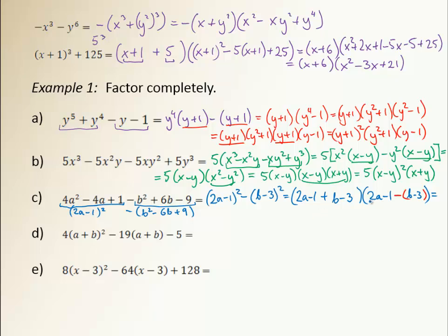So finally, let's just open the red bracket, and your final answer would be 2a plus b. We can collect negative 3 and negative 1 as negative 4. And over here is 2a minus b, which is in front, and then it's minus 1 and plus 3, so it's plus 2. That will be your final simplified product.